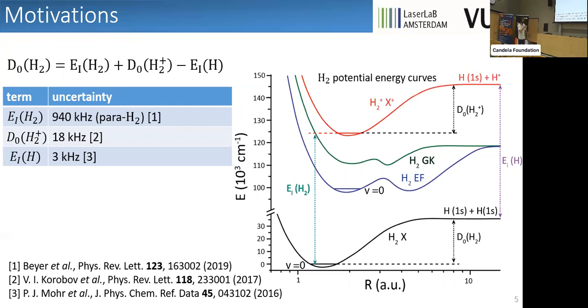You can see that the uncertainty for these terms increases as you increase the number of bodies in the problem, from 3 kilohertz with atomic hydrogen to 18 kilohertz in the 3-body system of the molecular hydrogen ion to 940 kilohertz for the ionization energy of H2.